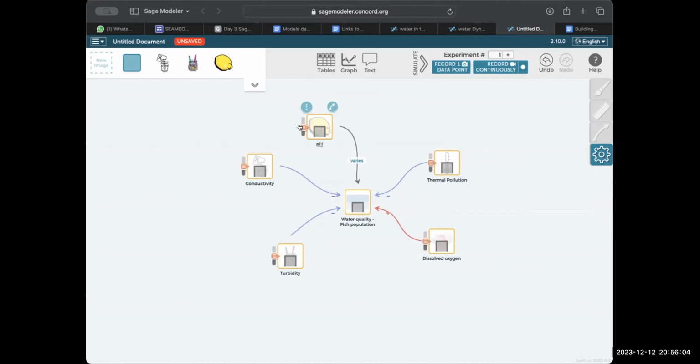So we have to work a little bit to figure out what's going on. So how can we change it? Well, actually, before you do that, right now you could put the other four variables at their best. So the thermal pollution one would be low, and then dissolved oxygen would be high.